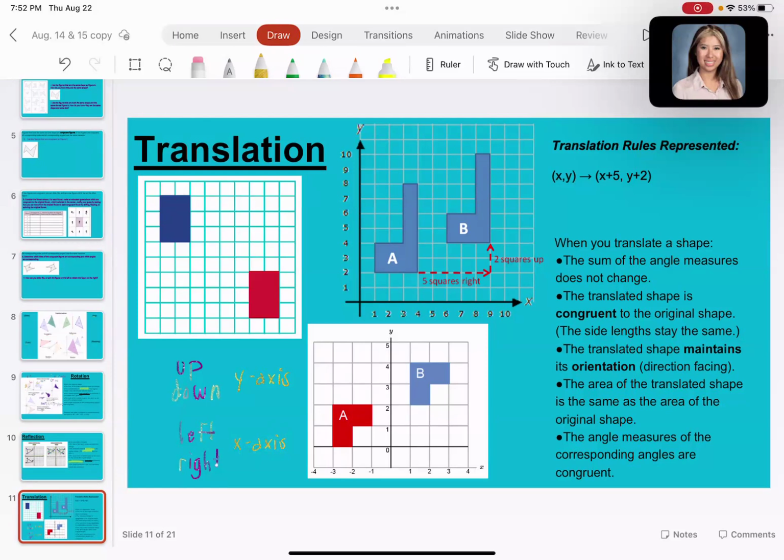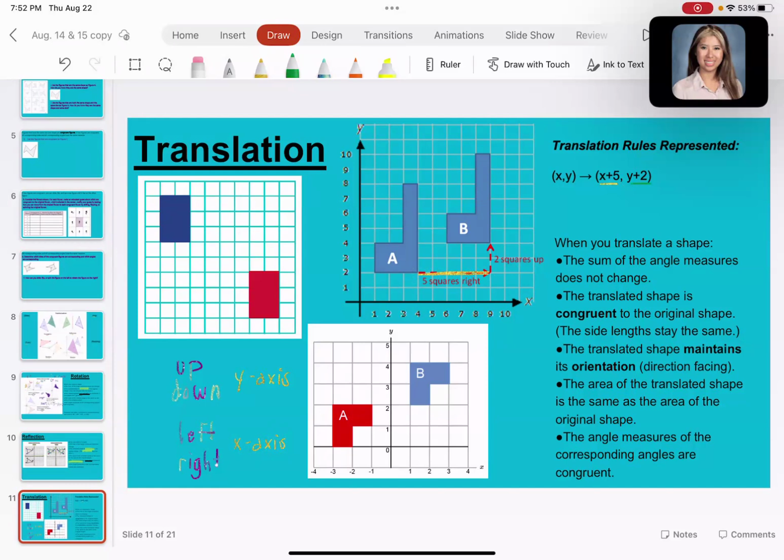Over here, we see our x comma y to x plus 5, y plus 2. So we know that if it's affecting the x-axis, we're either moving left or right. And because we're adding 5, we know that we're going to be moving to the right side, as you can see right here, because we want the numbers to get bigger. Then if we have the y plus 2, we know that we're either going up or down.